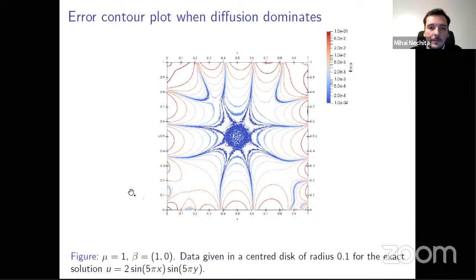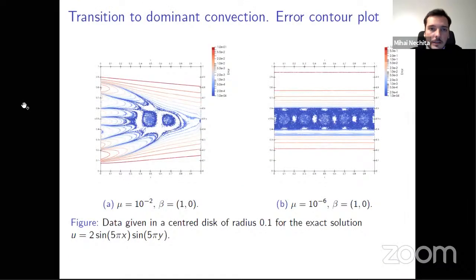And now we will try to see what happens if we transition towards the convection-dominated case, and I will decrease the diffusion coefficient. So here we have two plots. On the left, we have the diffusion coefficient being 10 to the minus 2, the same solution, the same convective field, and we start to see the stronger effect of convection.